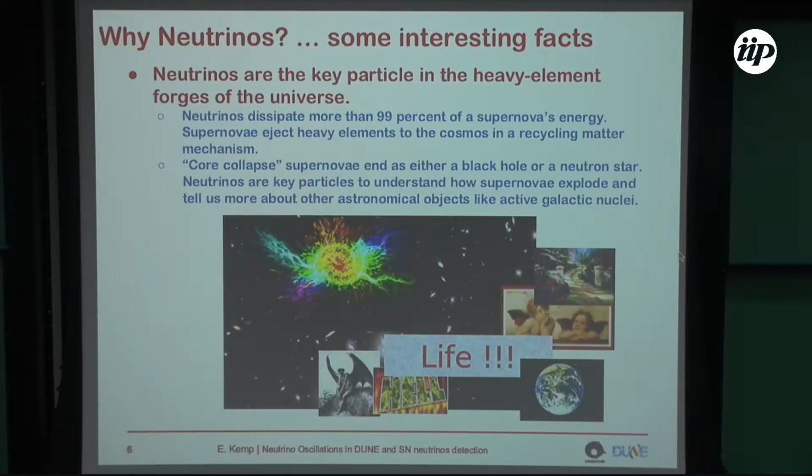In this kind of explosion, a large amount of mass is ejected to the cosmos, and the heavy elements are ejected, and afterwards these heavy elements are used to form planets and stars and so on, and even complex structures like living beings, or life itself. So it's likely that the iron in our blood cells was once inside a stellar core.